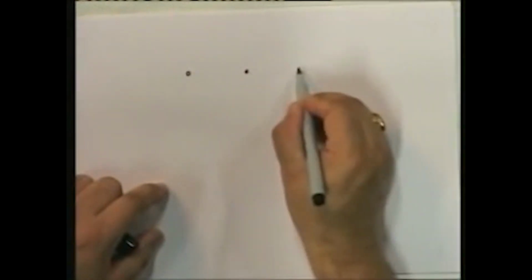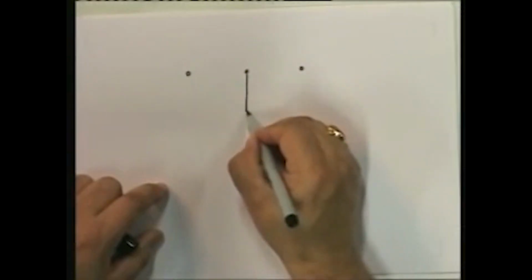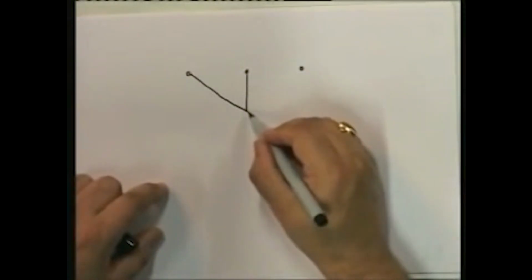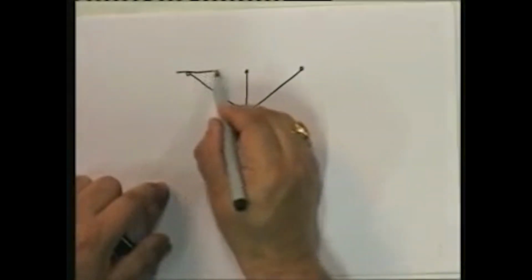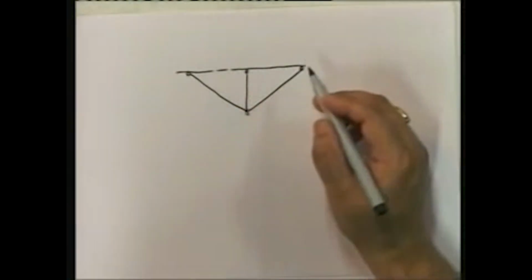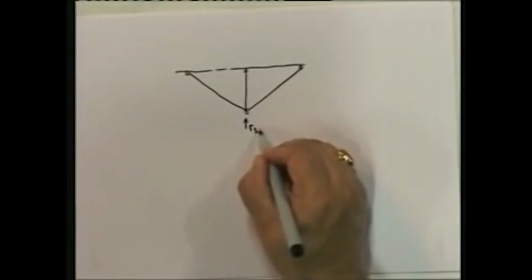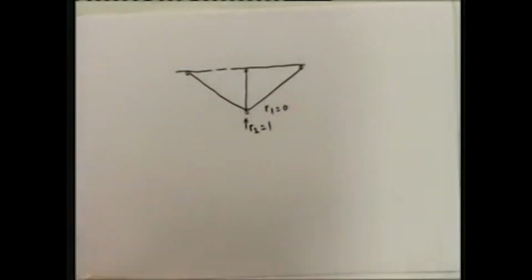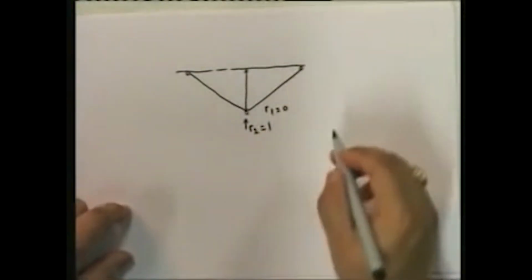In this particular case, this is my structure, and I give R2 equal to 1 and R1 equal to 0. If you put that, what happens?